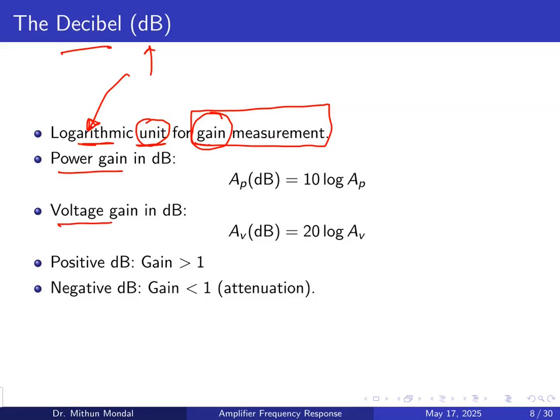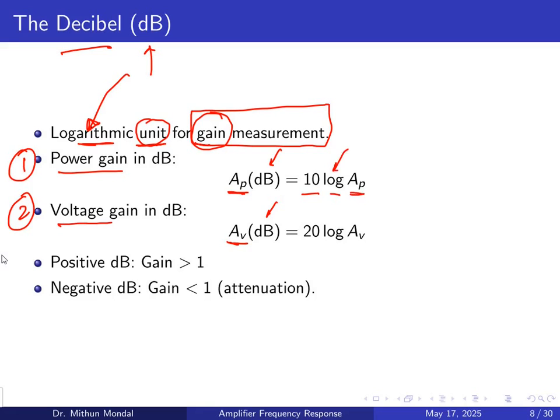These are two important gains that we talk about in amplifiers: one is the power gain and the second is the voltage gain. Power gain is denoted with AP, voltage gain is denoted with AV, and the unit is dB, decibel. Power gain in dB is equal to 10 log of AP.